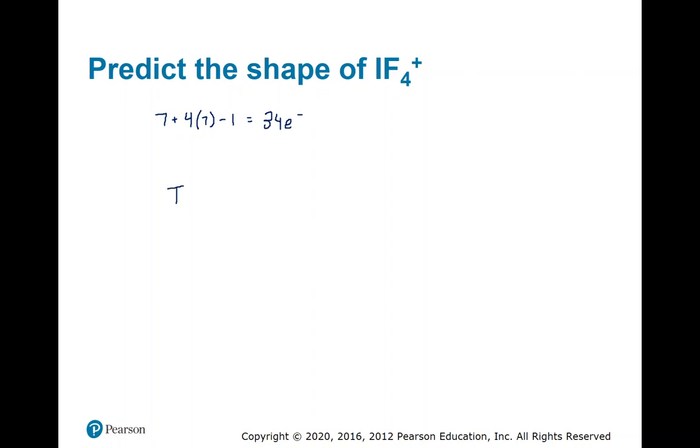Fluorine's never at the center of the molecule, and iodine is much less electronegative than it is, so we'll go ahead and put iodine in the center. We're going to put our 4 fluorine atoms around this as well.